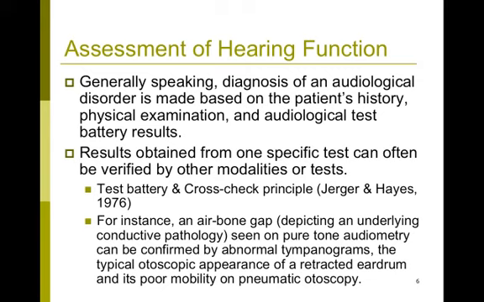For instance, when we're doing Puretone audiometry, if you see an air-bone gap, a difference between their air conduction and bone conduction thresholds, which probably is because of a conductive hearing loss, we would like to confirm that with doing tympanometry, and we might see an abnormal tympanogram. We also might have observed a retracted eardrum or fluid behind the eardrum. All of this would concur with our diagnosis of a middle ear condition, and could be because of an ear infection.